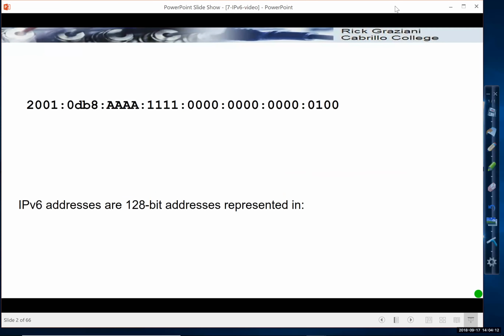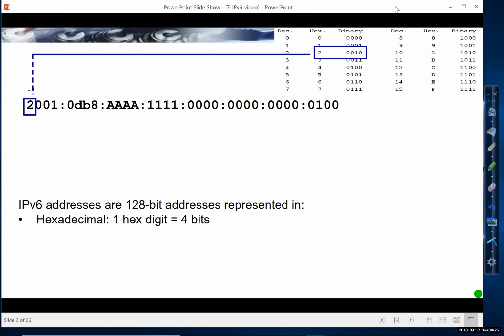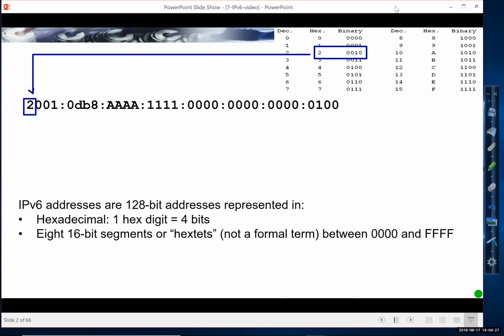So IPv6 addresses are 128-bit addresses represented in hexadecimal. Remember, one hex digit is 4 bits. So there are 8 16-bit segments, sometimes we call them hextets, not a formal term, which can be represented between all zeros and all Fs.